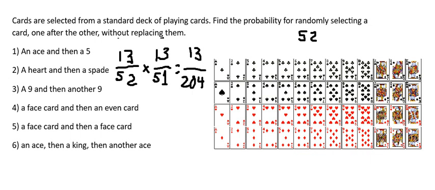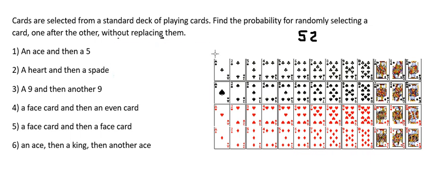Question number 3. In this one, there are 4 cards of number 9. So that should be 4 over 52. Later we select another number 9. Because on the first one, we select 1 out of 4 number 9, so we have only 3.